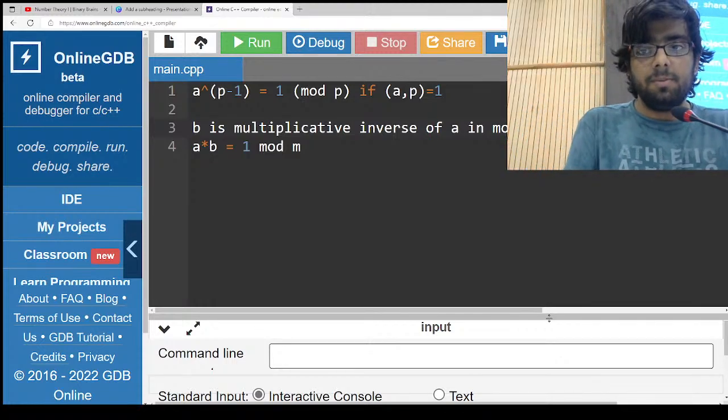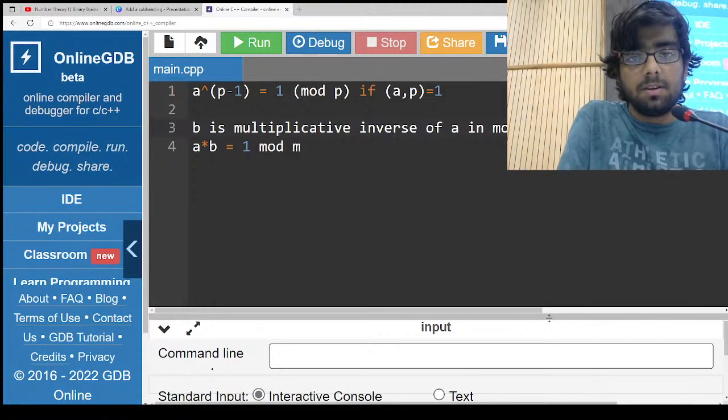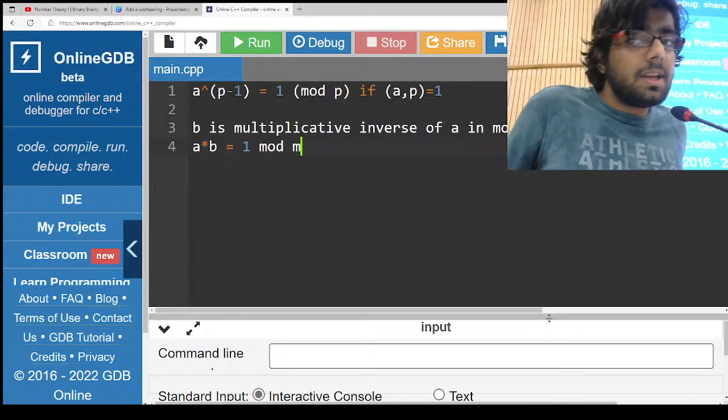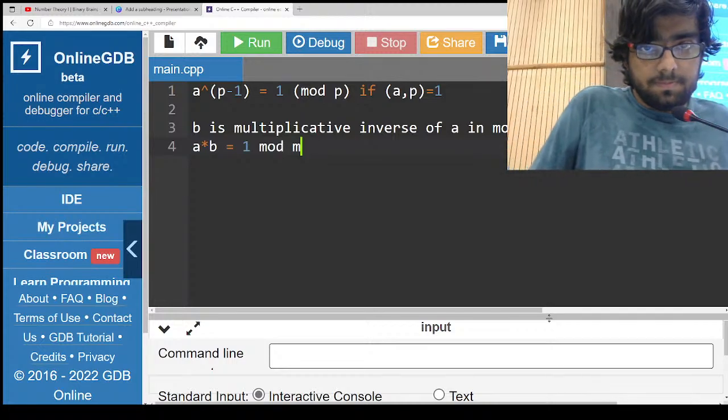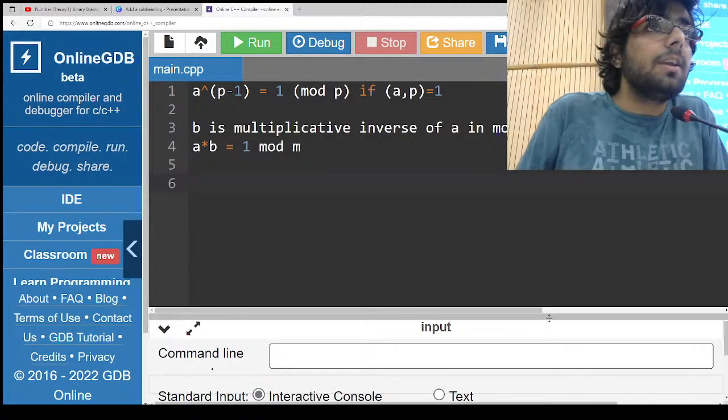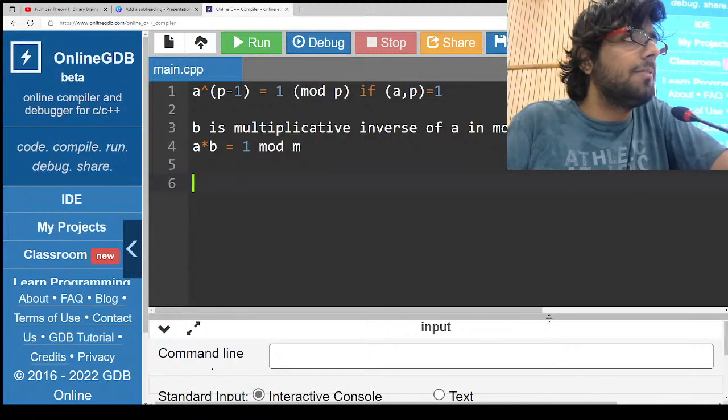That's how we define the multiplicative inverse of a. So from Fermat's little theorem and this definition we can find the multiplicative inverse of a.